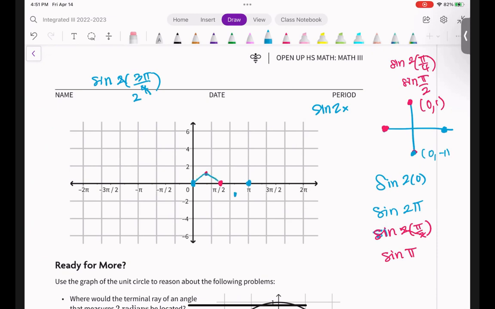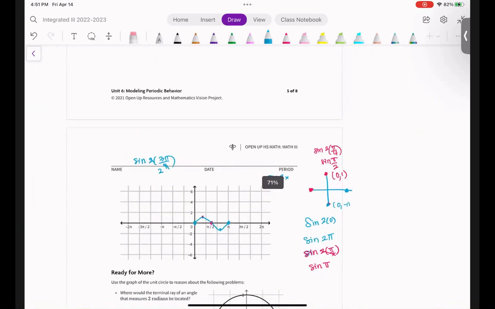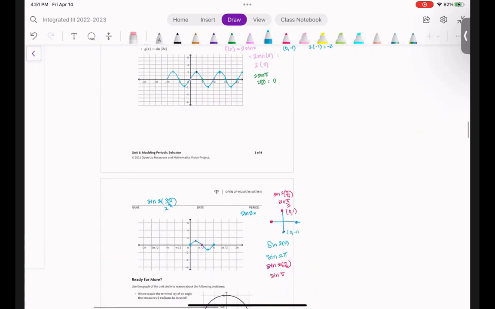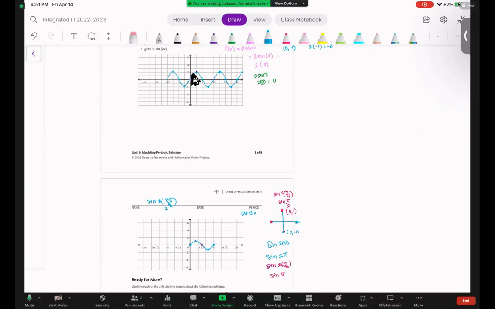Let me see if I can do this. And look at these two differences. And so there's two big differences you should see. And I don't know if you can see it. But the first difference that I noticed is this guy, the amplitude goes as high as 2 and as low as negative 2.